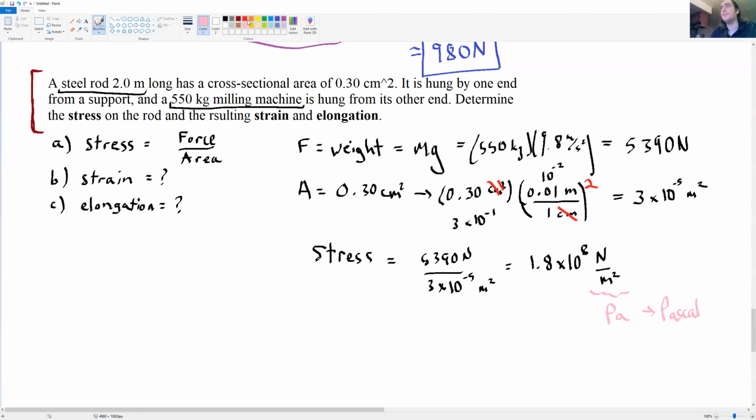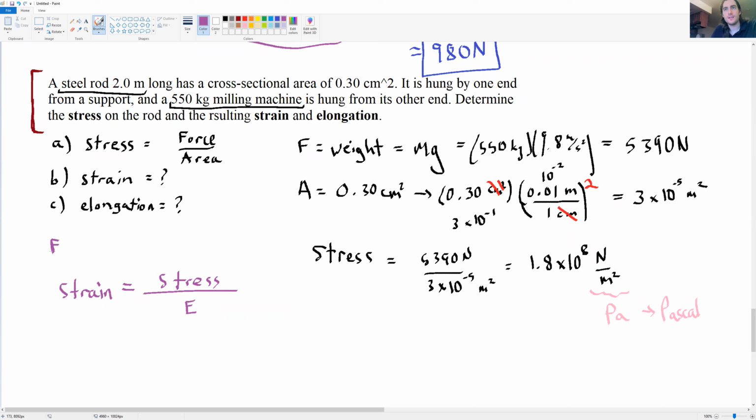How about the strain? Well, the elastic modulus is stress divided by strain. So stress divided by elastic modulus is going to give us the strain.